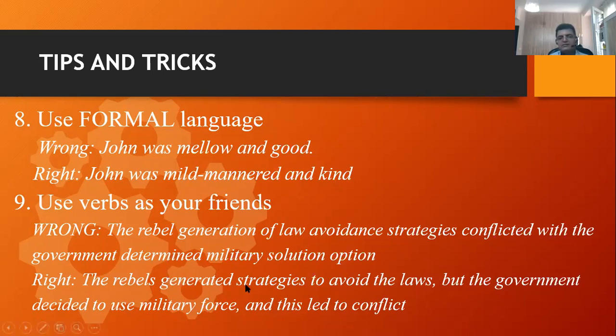One: the rebels generated strategies to avoid the law. The government decided to use military force, and the third sentence: this led to conflict. All of the sentences are appropriately connected by using connectors, such as "but" and "to", to show the relationship between sentences. So it is acceptable academic writing. But in the previous one, there is no connection between the sentences. Actually, we have one sentence because we have one verb, conflicted, and the meaning is not clear.